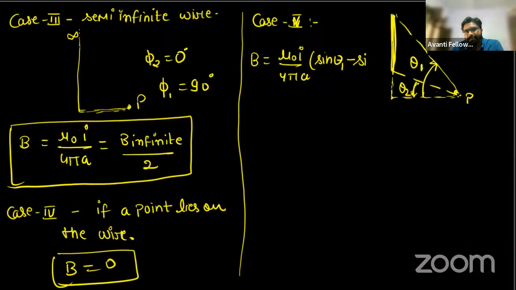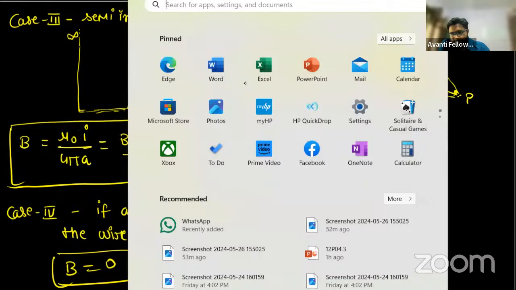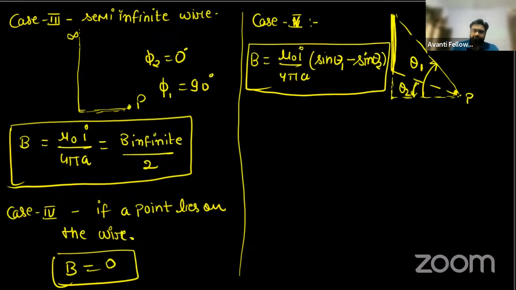So the field will have sin of minus theta 2 in this case only. Clear? Any kind of doubt, guys? Okay, so these are the cases we have discussed.